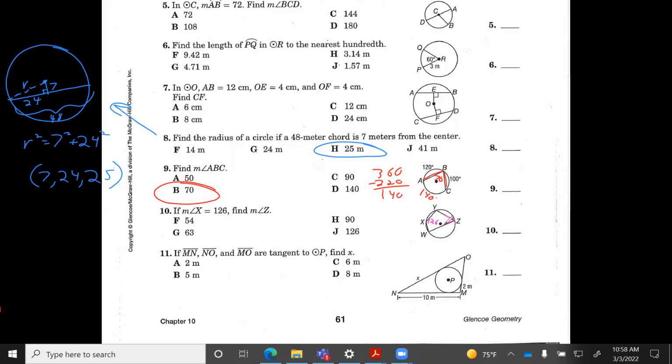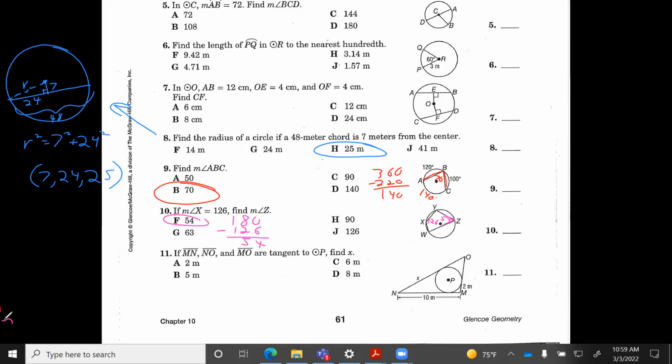There's a property for opposite angles of a quadrilateral inscribed into a circle. Those 2 angles have to add up to what? What was it? I don't know if I heard the correct number or not. So those 2 angles have to add up to 180. They have to be supplementary, they have to add to 180. So 180 minus the 126 leaves us with 54. The answer is F.